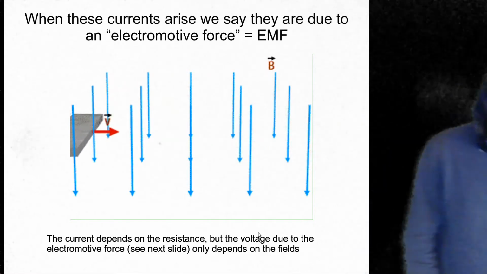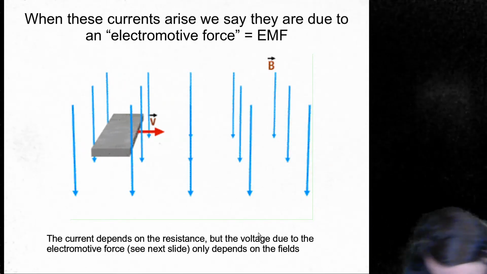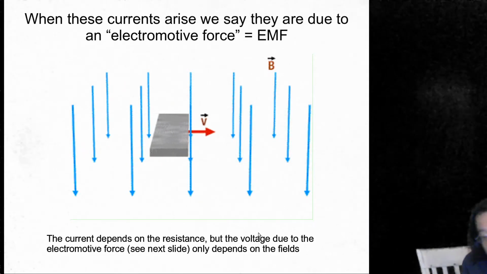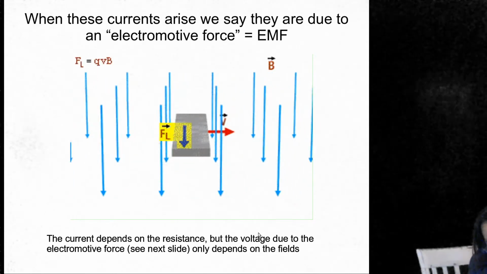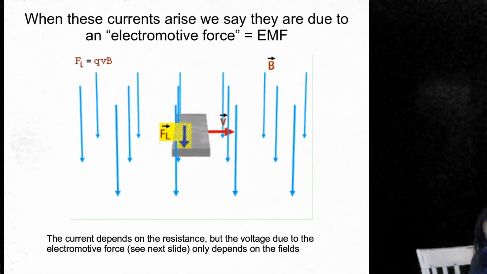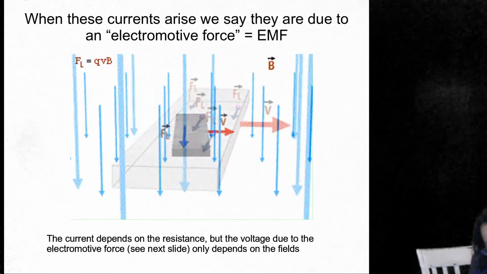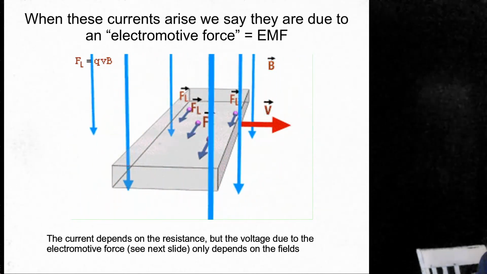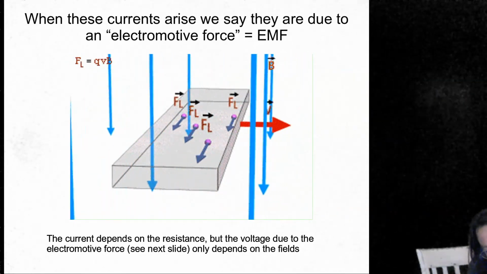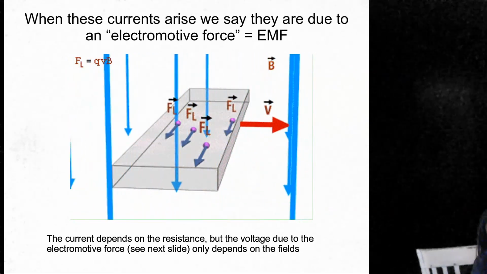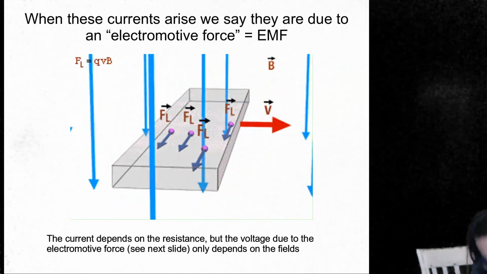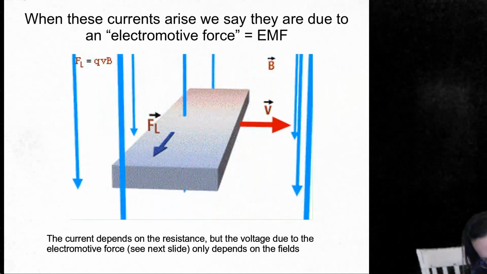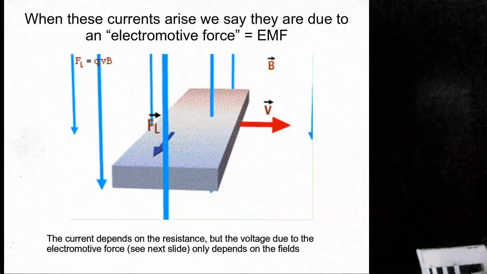Consider a metal rod moving across a magnetic field. The Lorentz force, F sub L, acts on each charge within the rod. Some of the electrons are free to move, and they drift under the influence of the force. Being negatively charged, they flow in the opposite direction from that given by the right-hand rule for magnetic force.